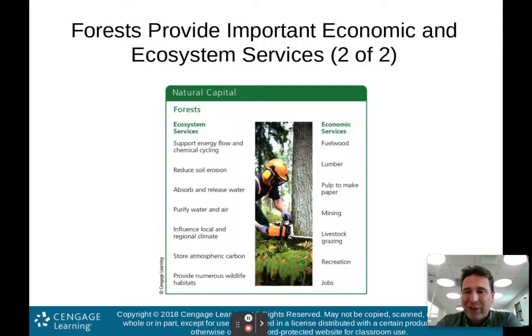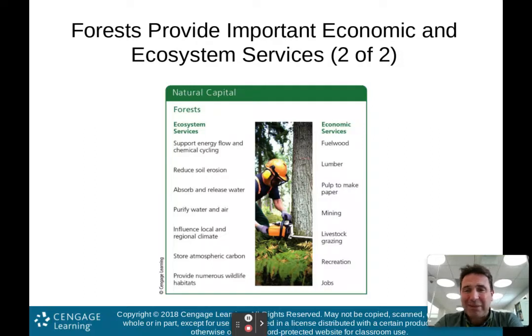And once again, our favorite chart here: ecosystem services on the left, economic services on the right. Again, this is your natural capital from forests. And once again, I would definitely have an idea of at least a few on either side here so that you can use them to potentially answer an FRQ. So ecosystem services support energy flow and chemical cycling, reduce soil erosion, absorb and release water, purify the water and air, influence local and regional climate, store atmospheric carbon, right?